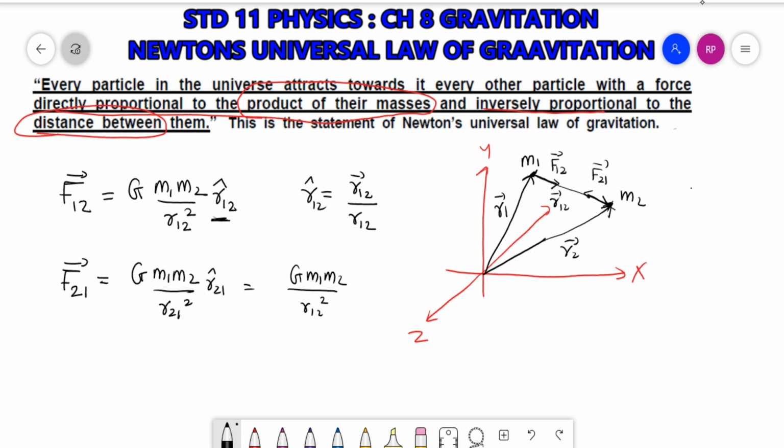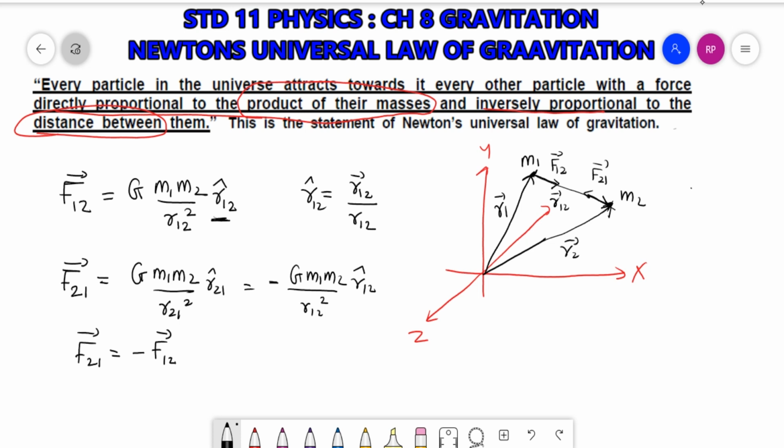But the direction of r21 is opposite to r12, so I can write a minus r12 unit vector. So I can say that F21 is equal to minus F12. The force acting on 1 due to 2 is equal in magnitude to the force acting on 2 due to 1, but the directions of both forces are opposite. This is similar to Newton's third law of motion.